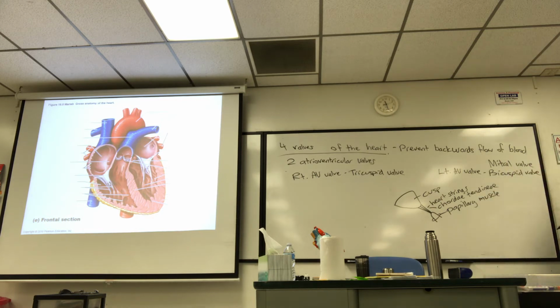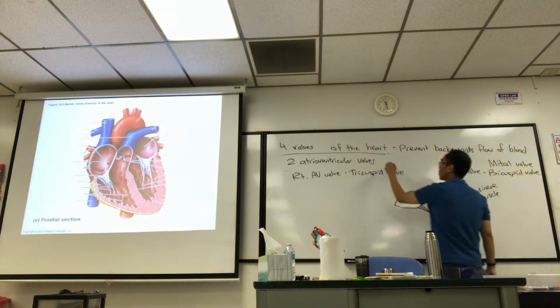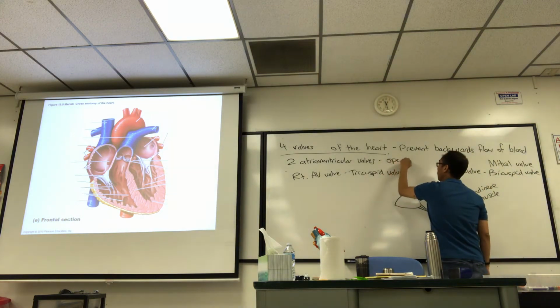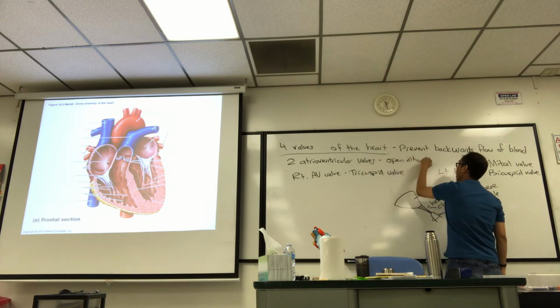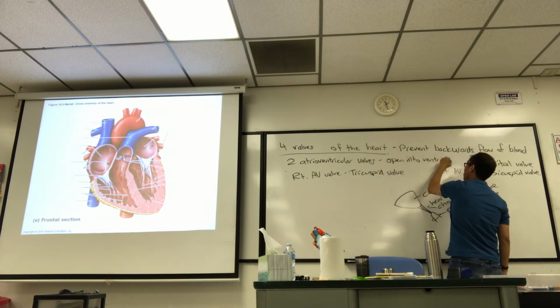The way they've illustrated them on the picture is they're open. And when they open, notice how they open into the ventricles. So this is for filling. When they're open, the ventricles fill with blood. Blood flows straight through the atria right into the ventricles. Open into ventricles.